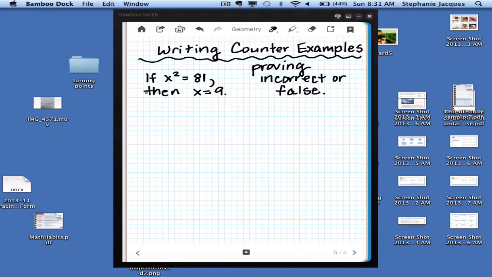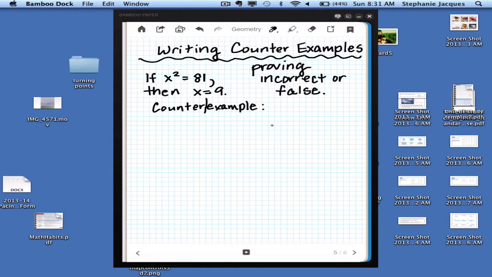However, if you're trying to come up with a counterexample, so let's write counterexample, there's always those instances where you're going to find maybe a number that will prove it wrong.